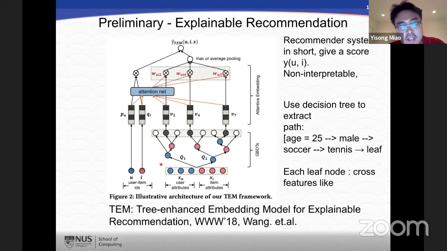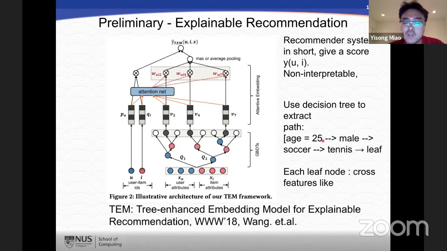So let's follow my pointer on the screen to look into this model. The interpretability mainly comes from this decision tree. We can see that there are many user attributes and item attributes, and they have trained a GBDT, meaning a cluster of decision trees, to form many paths.